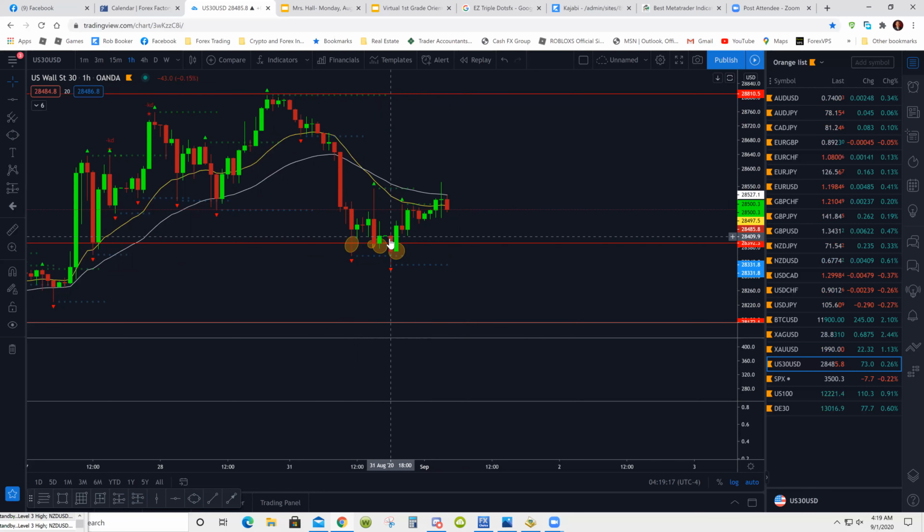So it came down, gave me a lower low, lower high, another lower low, lower high, a lower low, and it blew past the lower high, but the buyer was still not in control yet. The buyer is still not in control because it just pierced it. This is not a break or a breach.